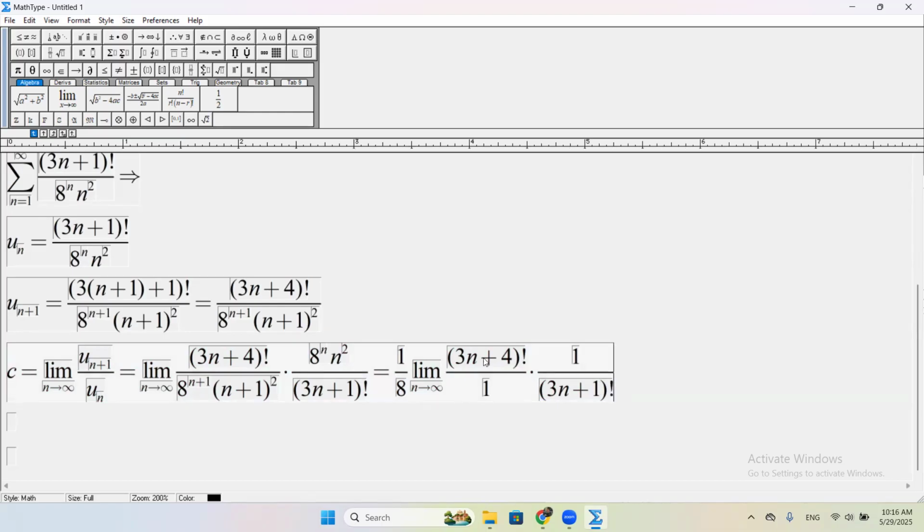And now expanding this expression for factorial.